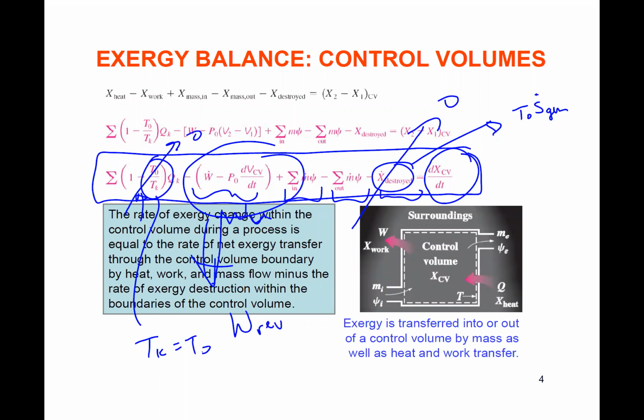So if your boundary is big around your system, then if you have heat transfer, the temperature crossing the boundary is T0. That makes for no useful work and no exergy, so that term goes to 0 also.